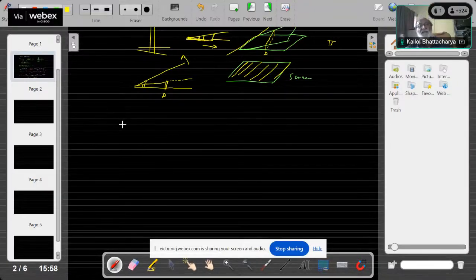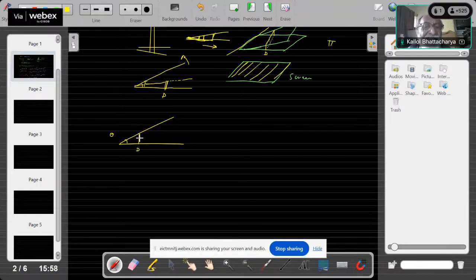Also, one more thing: let us say this is one wavefront and this is the other wavefront. Let's say you are asked to calculate the density of fringes given the angle theta. Well, we know that when the separation between the two wavefronts is pi, you get a dark fringe.